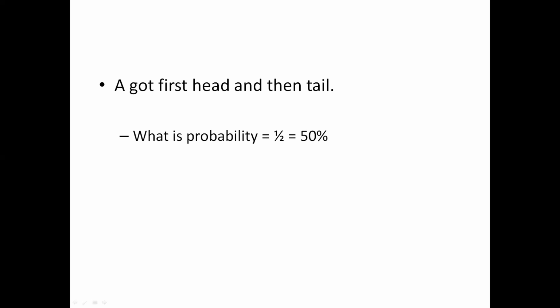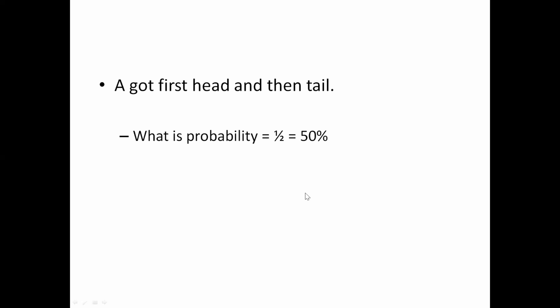Or in simpler terms, suppose we toss a coin, it is 50-50%. Once we toss the coin, there is a 50% probability that we will get the head or the tail. So one person got one head and then the tail, so it stopped. What is the probability? 1 by 2, 50%.